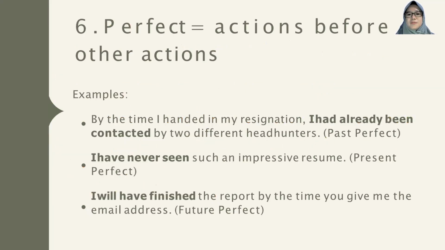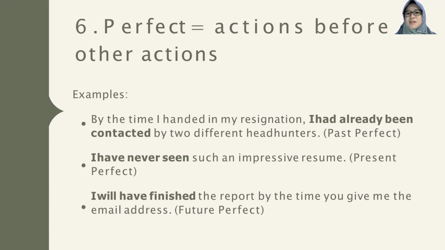All right, and the sixth rule: perfect is actions before other actions. By the time I handed in my resignation, this is I handed in my resignation. It means it happened in the past. Look at this. This is past perfect.